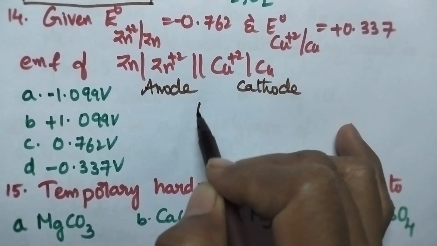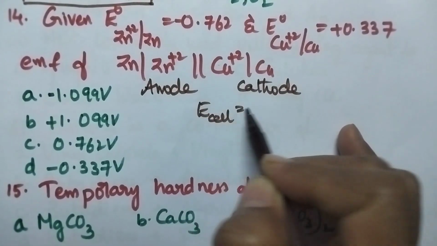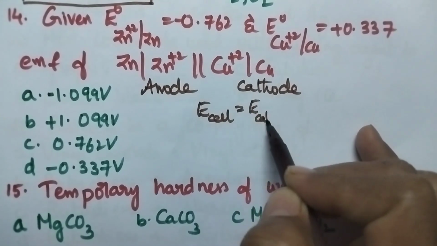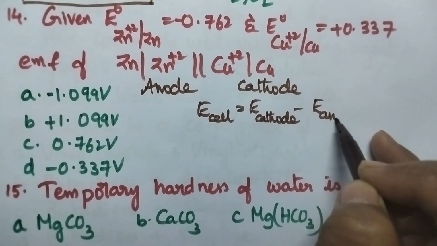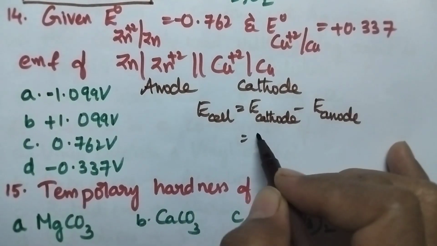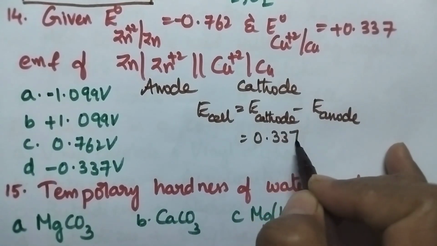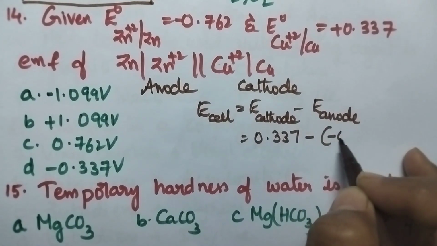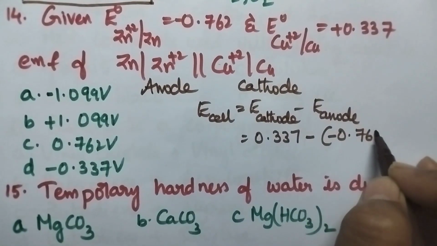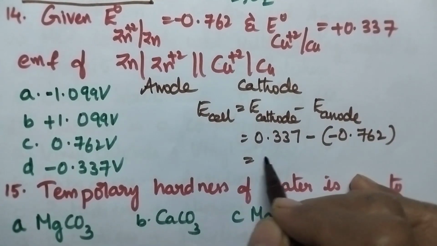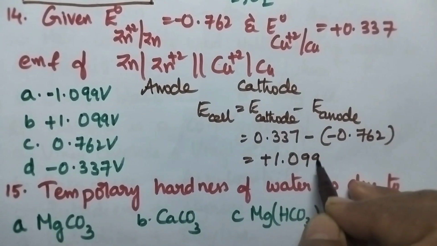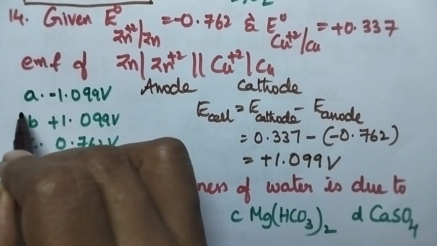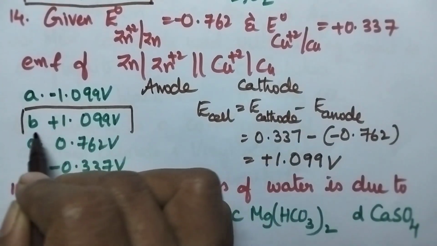EMF of the cell can be calculated as E cathode minus E anode. Hence 0.337 minus of minus 0.762, and hence it is equal to plus 1.099 volt.